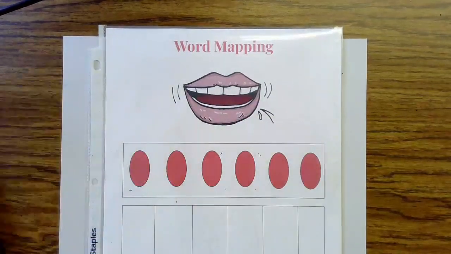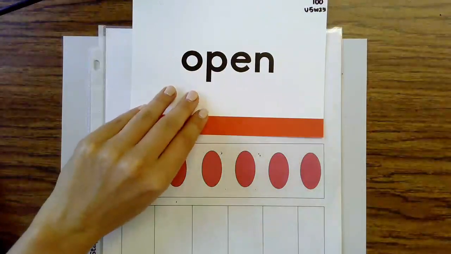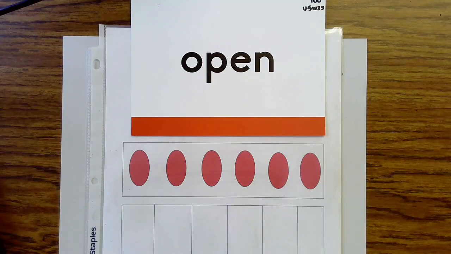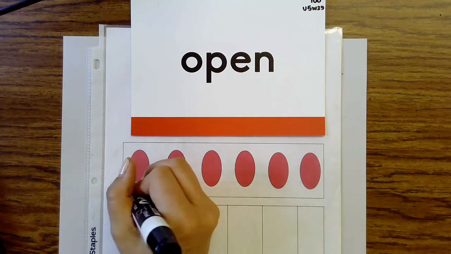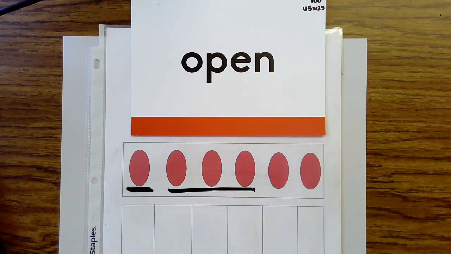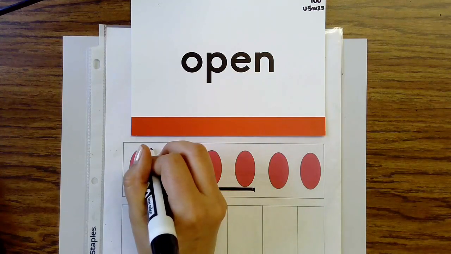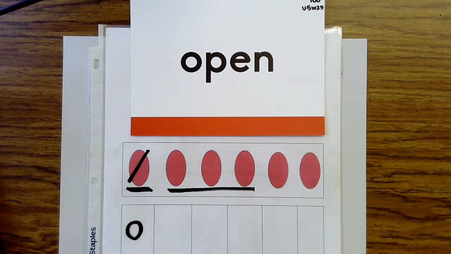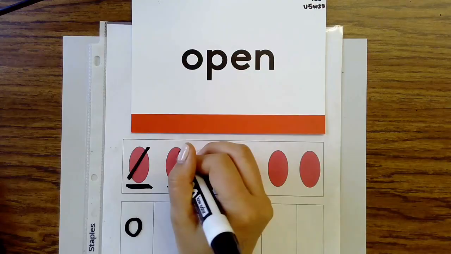Here comes our next word. Our next word is the word open. Say open. Open has 2 syllables. O, pen. Open. The first syllable is O, and it's spelled with an O. Pen. Sound pen.